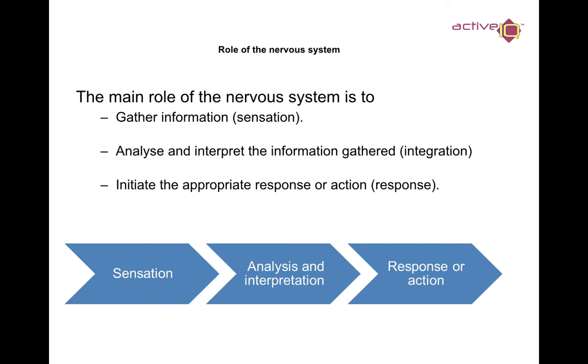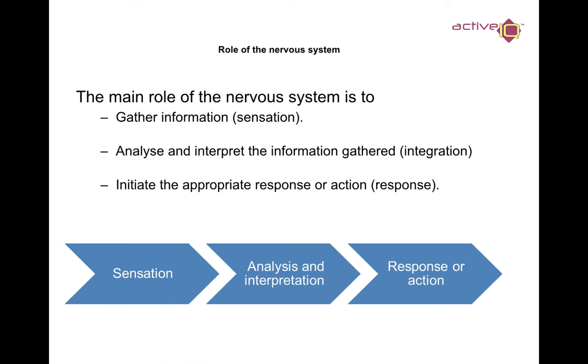So the main role of the nervous system is to gather information. So obviously with our hands, our feet, our body in general, we can gather information about our outside world, and we can analyse it and interpret the information that we're getting. Okay, and the brain will initiate an appropriate response. So we get a sensation, then we have to analyse it and think, right, what does this mean?